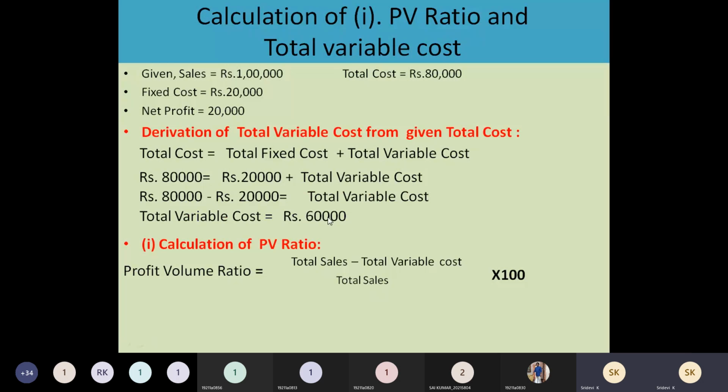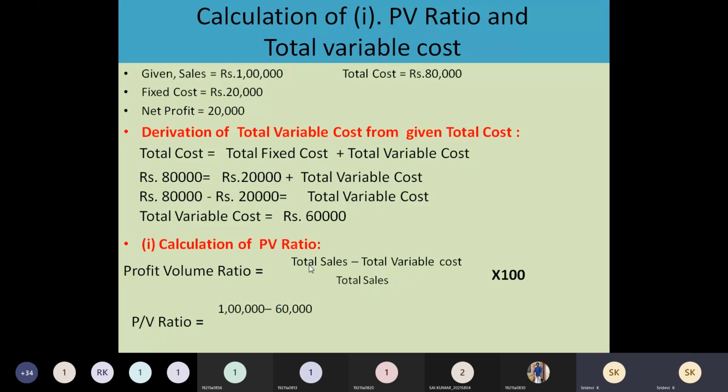So that 60,000 you can use here. Now you are having the total sales as well as total variable cost, both the information. So we can calculate the PV ratio, right? So that you can use here.